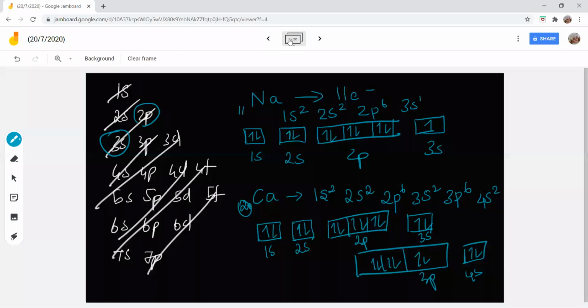So copy down this, then I'll give you a few more elements with atomic number. You are going to write the electronic configuration. Okay?